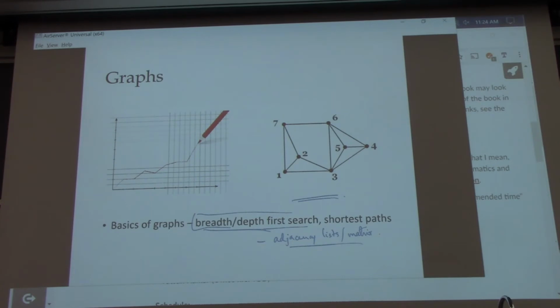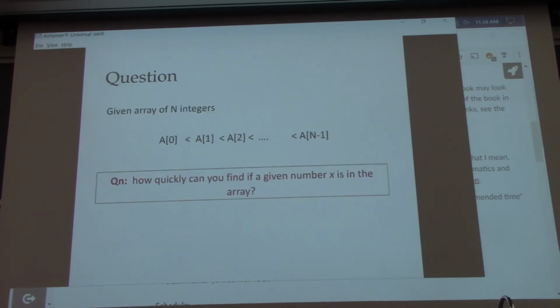Again by way of background, I thought I would ask a few very simple questions. If you've taken an algorithms class, these kinds of questions should be easy enough. The first puzzle is the following. Suppose you have n integers in an array which goes from a0 to a(n-1).